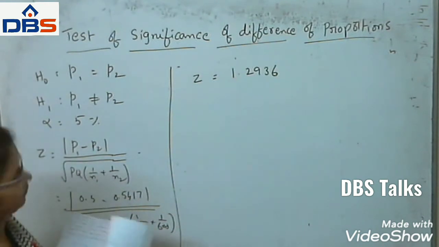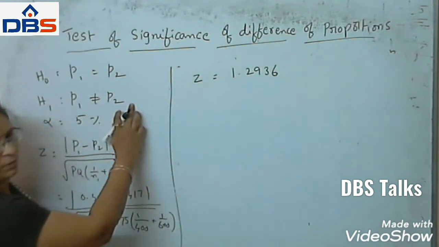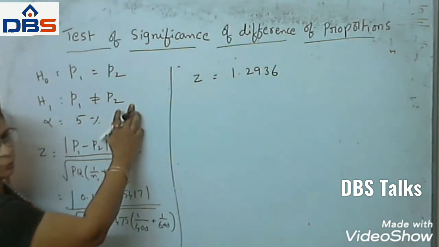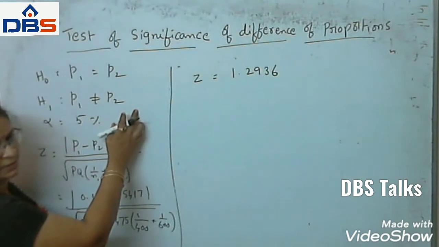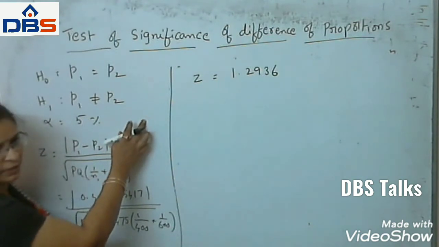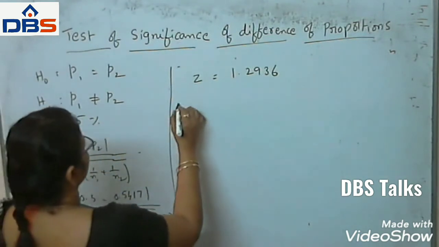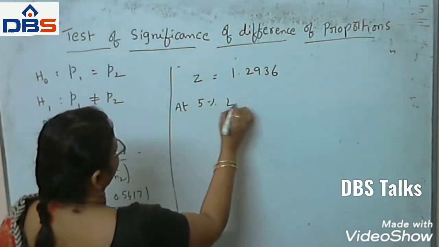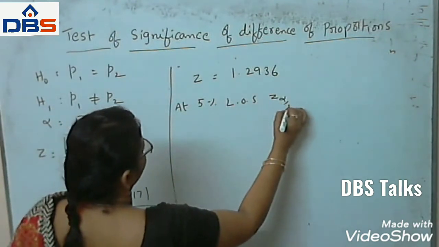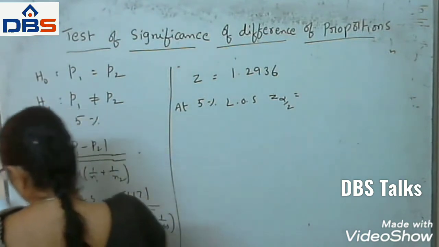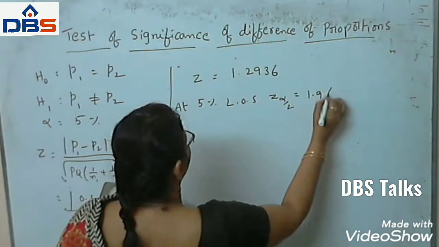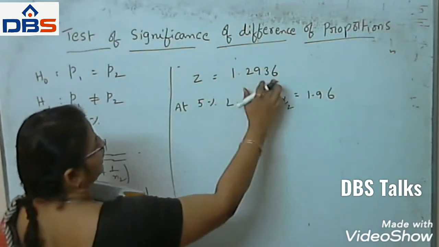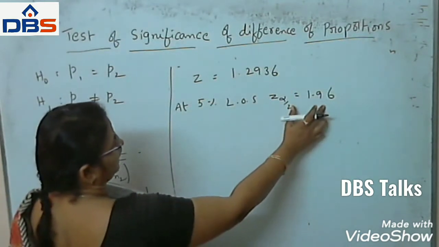Now from the table, H1 is P1 not equal to P2, which means we have to go for a two-tailed test. That means we have to find Z alpha by 2. At 5% level of significance, Z alpha by 2 is 1.96.